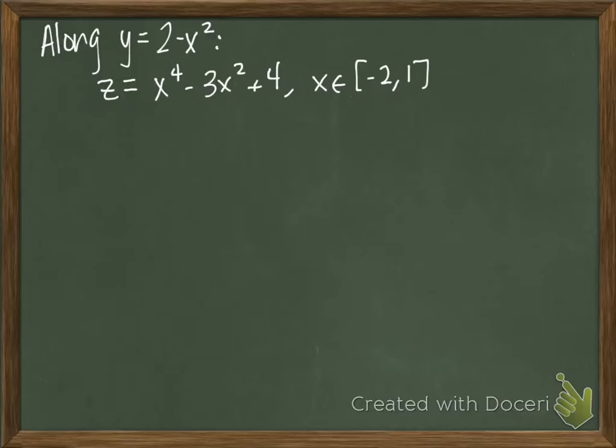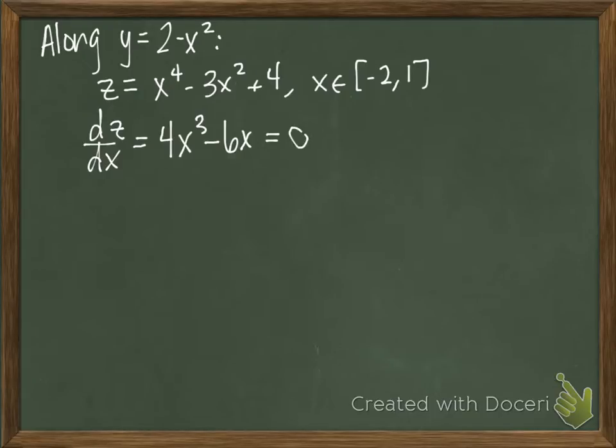Along y equals 2 minus x squared, we can rewrite z just as a function of x. Now we're going to need to find where the derivative of this is equal to 0. So dz/dx is just given by this, and we're setting this equal to 0.